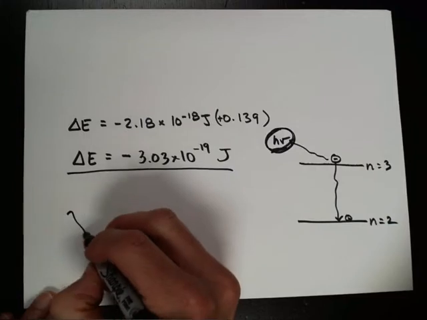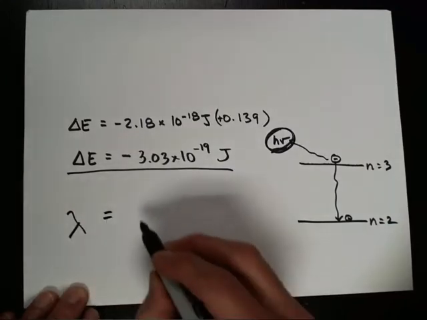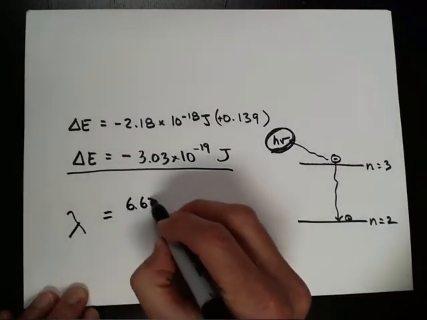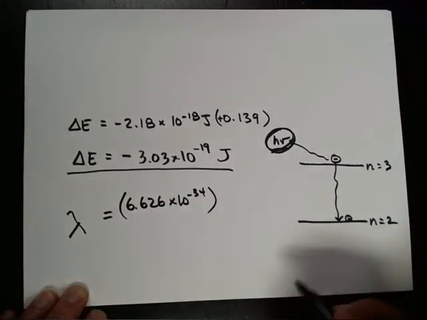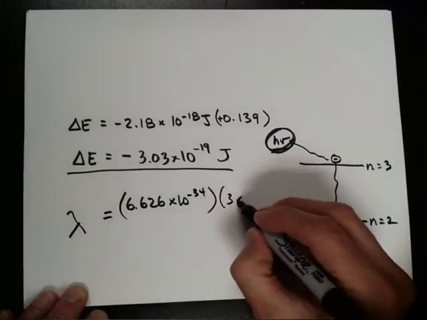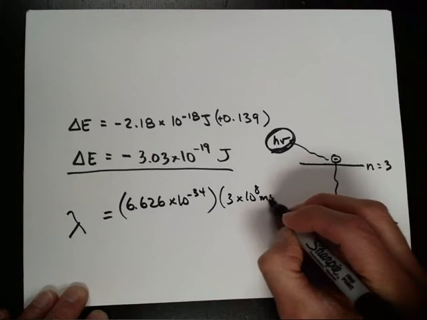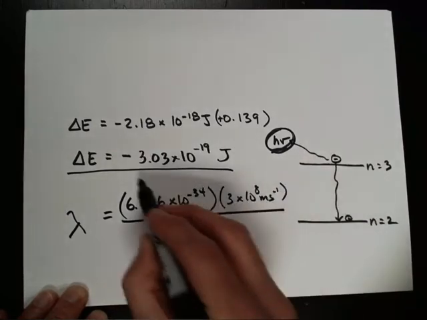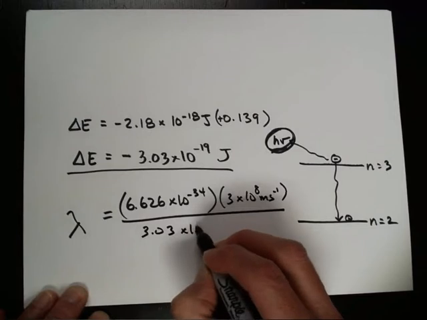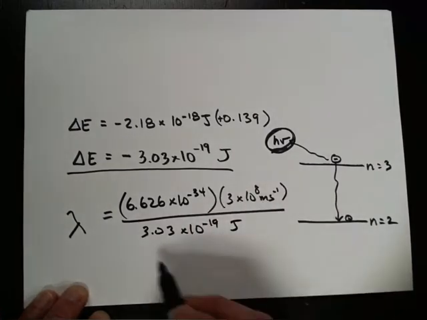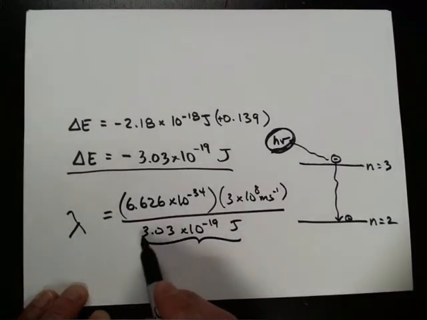So let's see, the wavelength, that's going to be Planck's constant times the speed of light in a vacuum. And we're going to divide that by our energy that we just calculated, 3.03 times 10 to the negative 19 joules. This is the energy of the photon, which is going to be a positive energy.